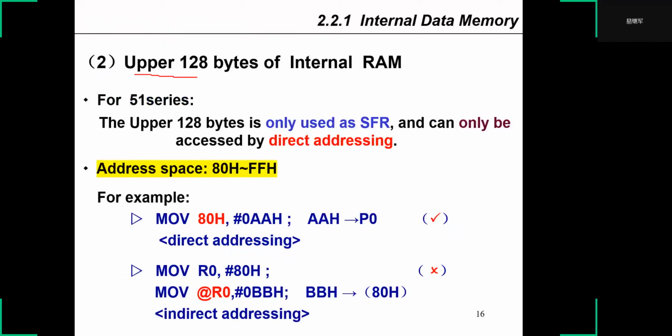The upper 128 bytes of internal RAM are used for the PSW and special function registers. The upper 128 bytes are only used as SFRs and can only be accessed by direct addressing.